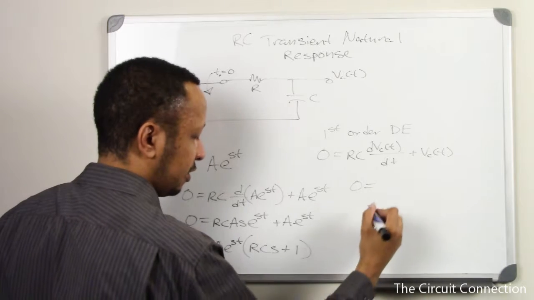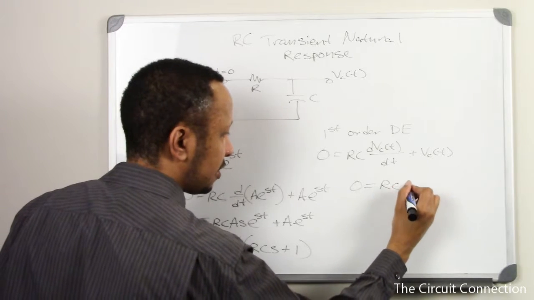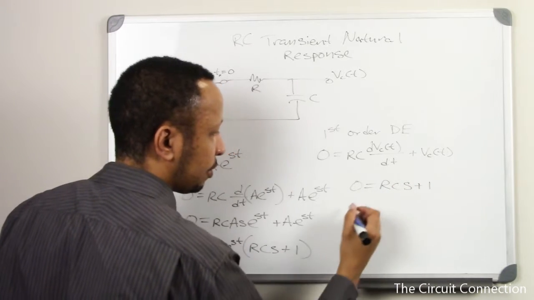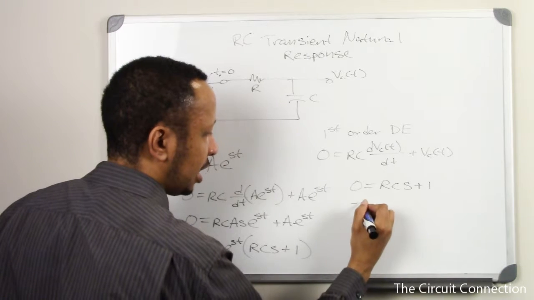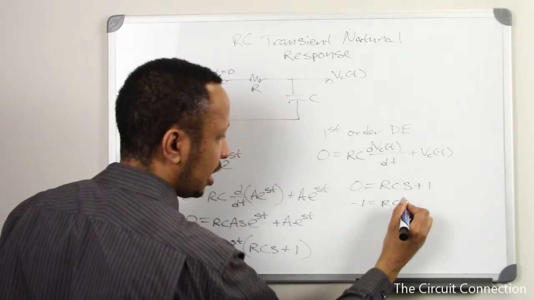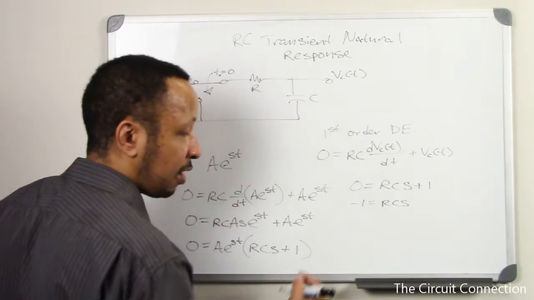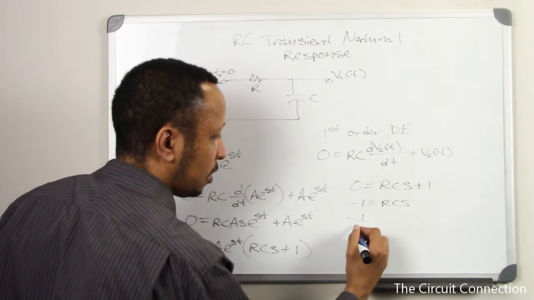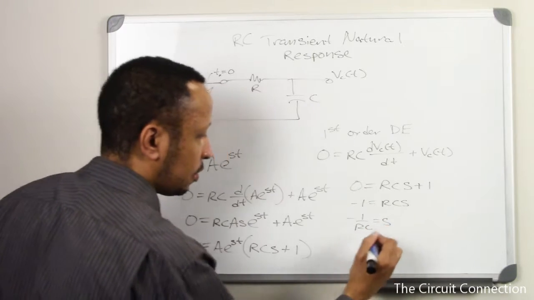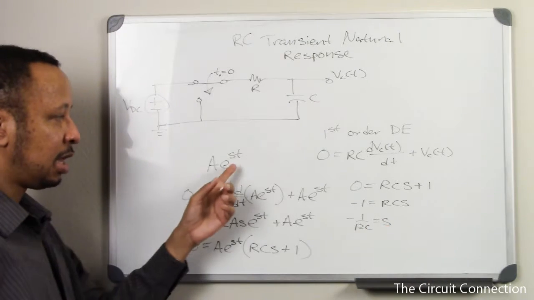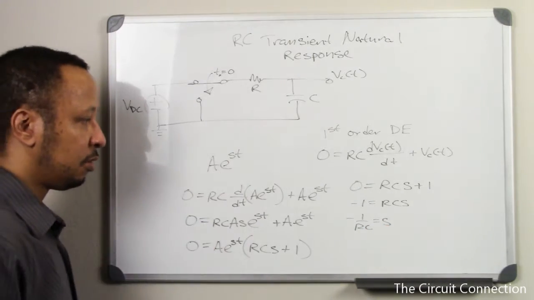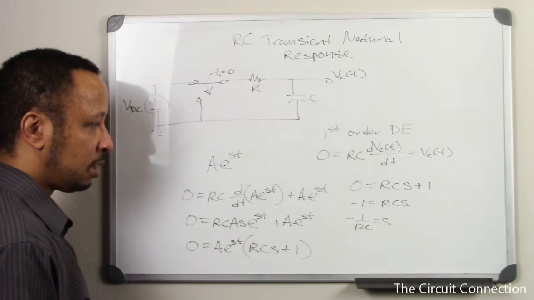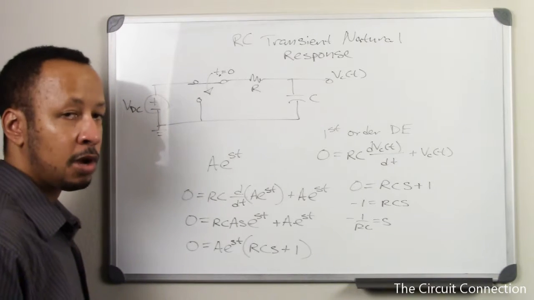If that is the case, we have negative 1 equals RCs, and solving for s, negative 1 over RC equals s. So in our general solution, we're going to put in negative 1 over RC.